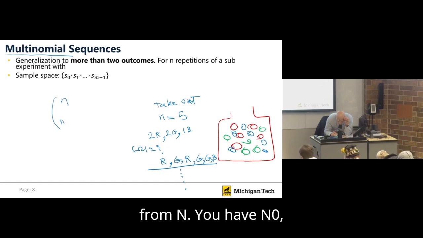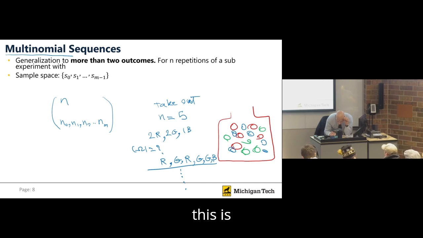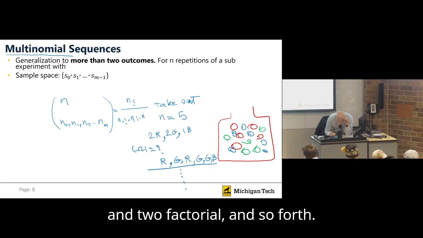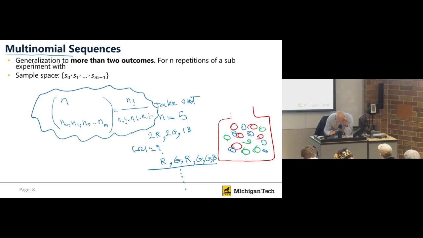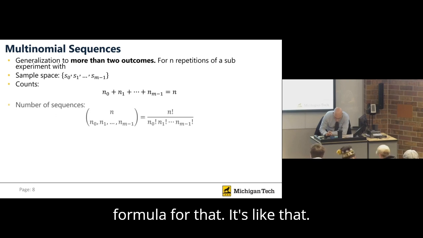From n, you have n0, n1, n2, and so forth, and this is n factorial over n0 factorial, n1 factorial, n2 factorial, and so forth. So it is just like that. Let me clean this up and show you the better formula. It's like that.